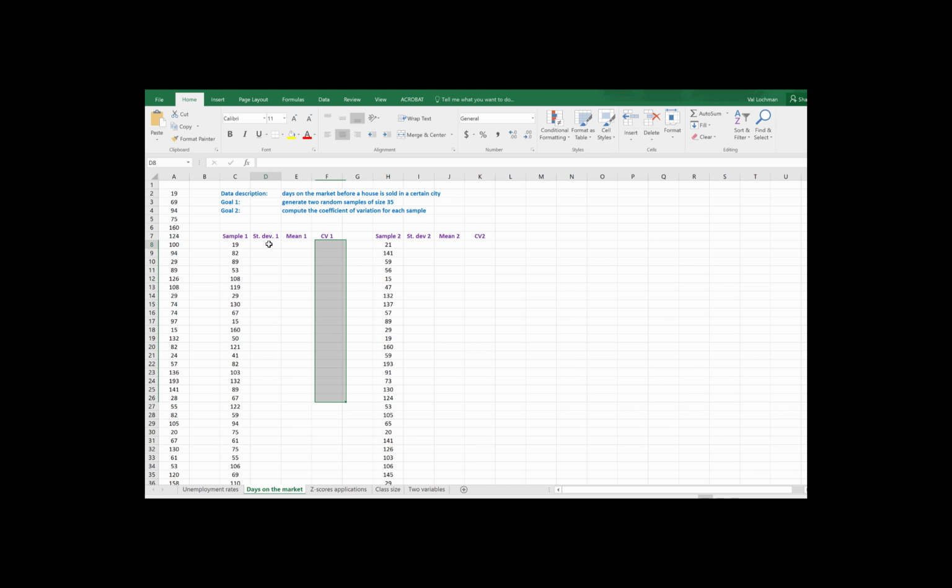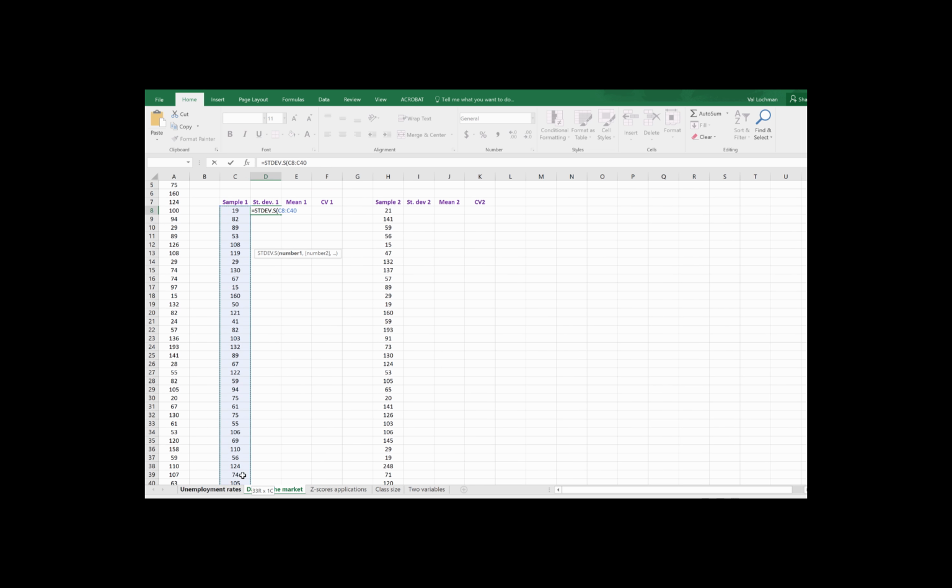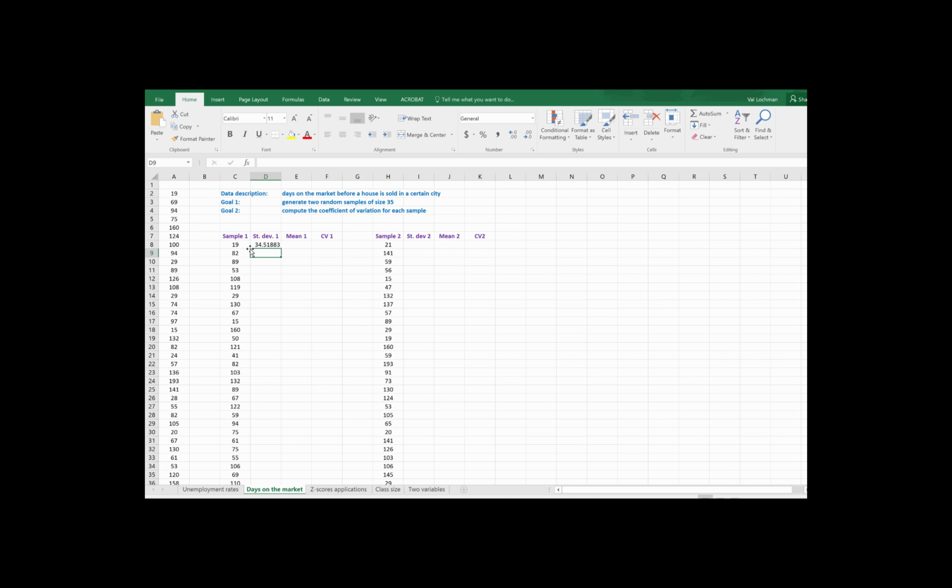All right. So now let's go ahead and compute the mean and standard deviation for each of the samples. STDEV.S, S stands for sample. Of our first sample, we're going to highlight this, close parentheses, and this is what we get.